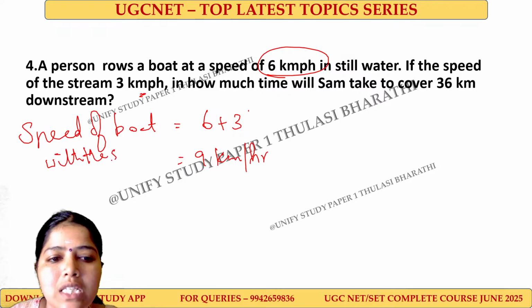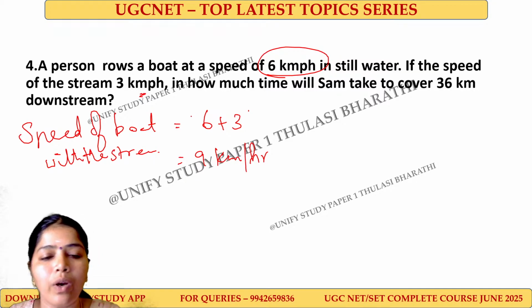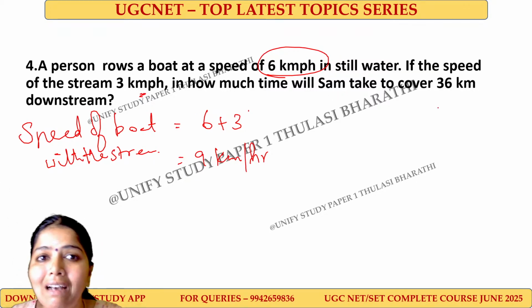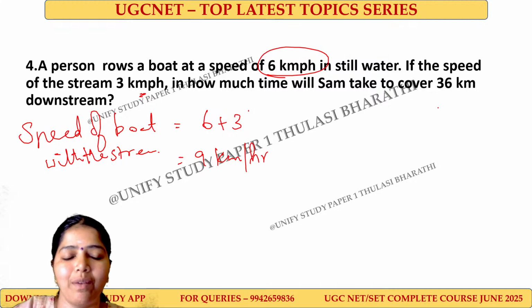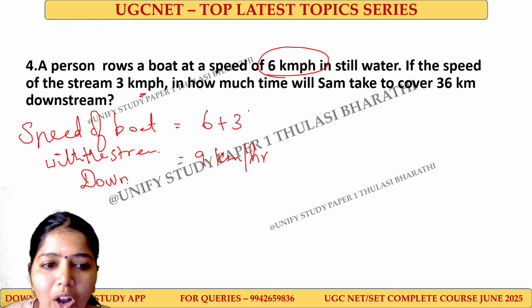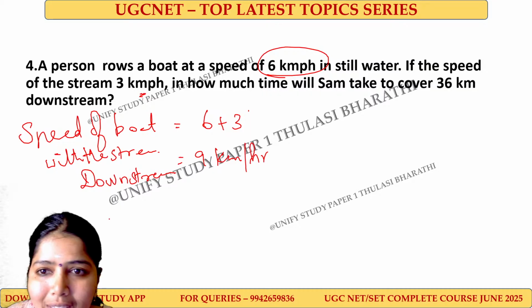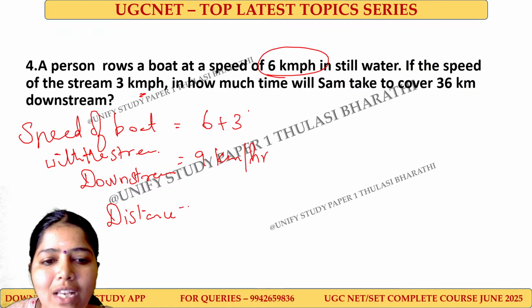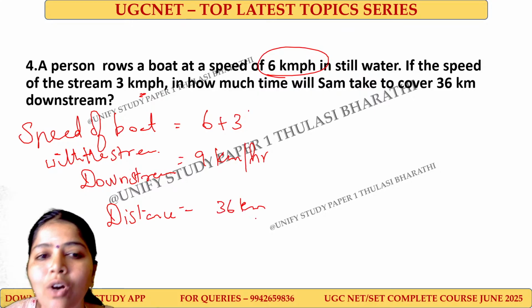With the stream, right? Okay. The question is, how much time will that person take to cover 36 km downstream? Simple. We have calculated the downstream speed here, right? Next, what have they given? They have given the distance. The distance is equal to 36 kilometers. What have they asked?